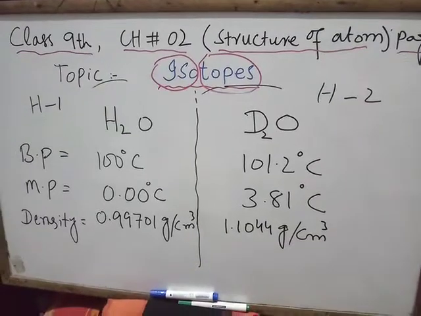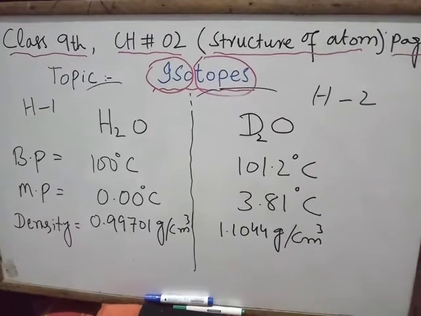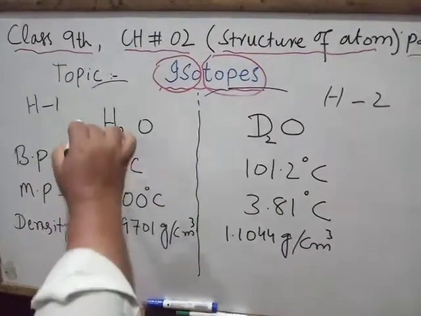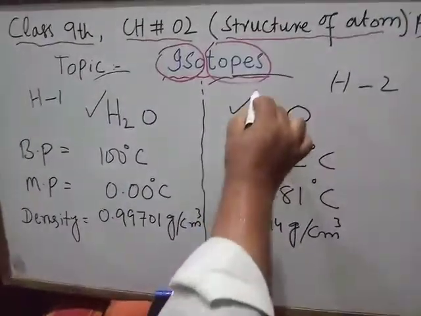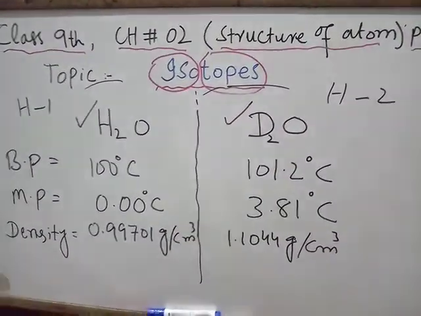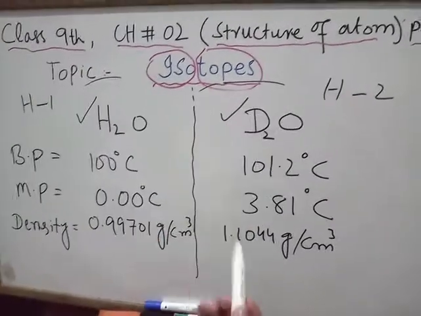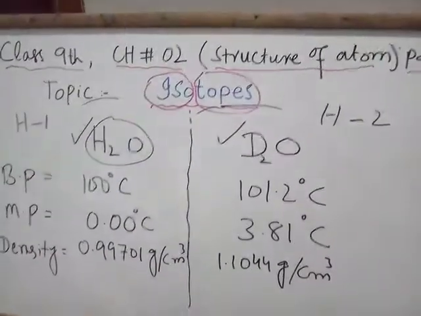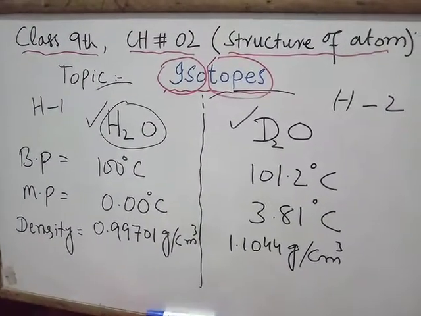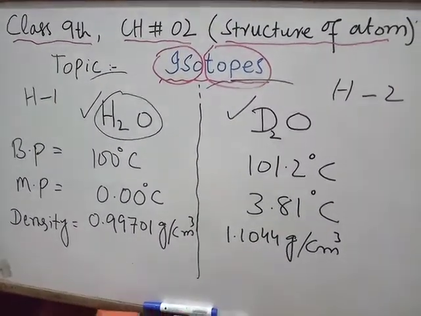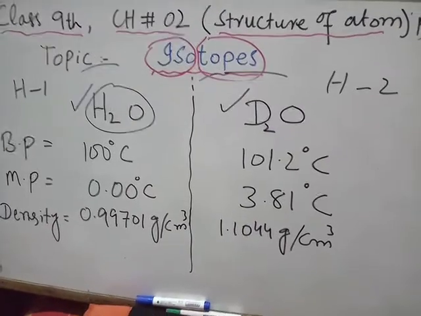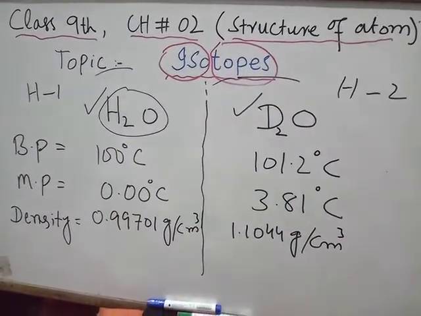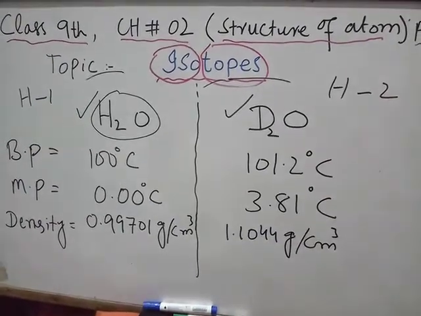So students, we are going to differentiate between ordinary water and heavy water. Ordinary water has formula H2O, heavy water has formula D2O. One difference can be on the basis of the definition: ordinary water is the water which has protium as the primary isotope, while heavy water is the water which has deuterium instead of protium.